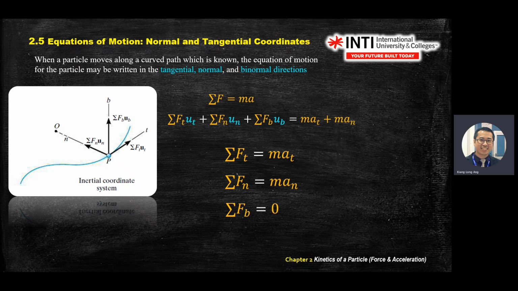It does not move out or move top and bottom, it does not move along the B axis. So the force in B will give you acceleration 0. Means there's no change of acceleration in Z direction. Although there's a force there, it equals 0. Okay?